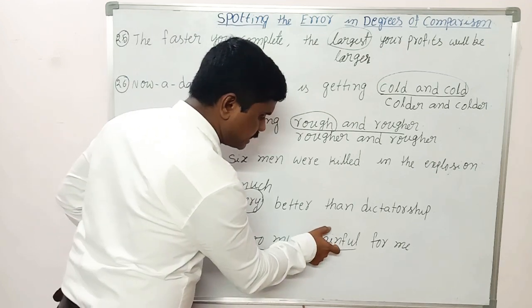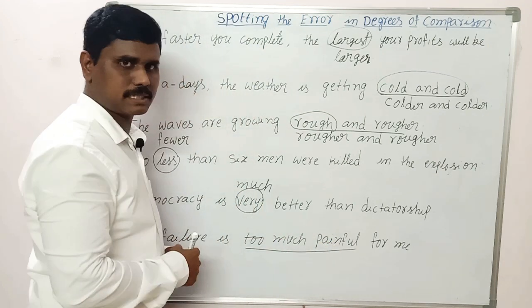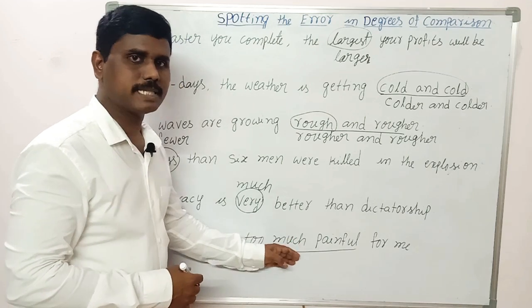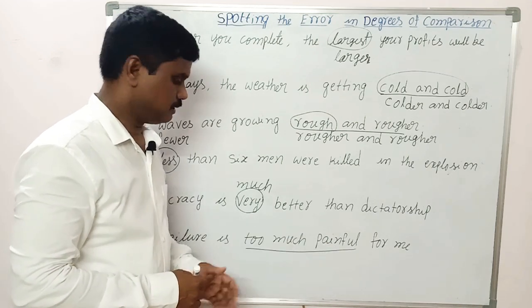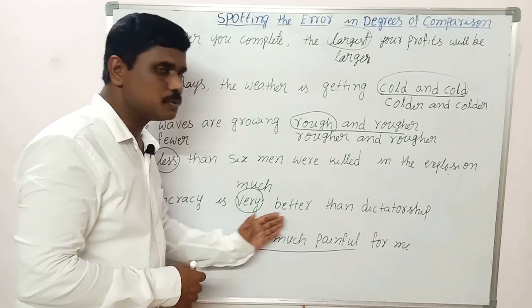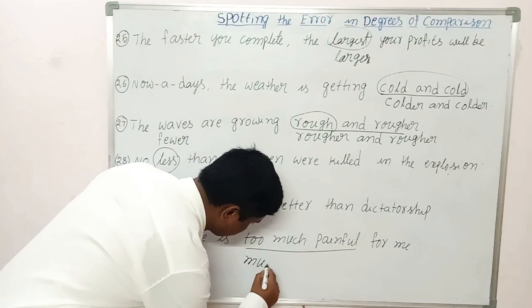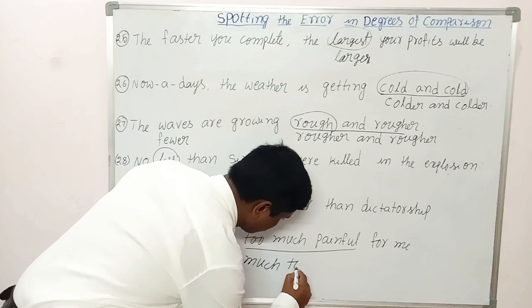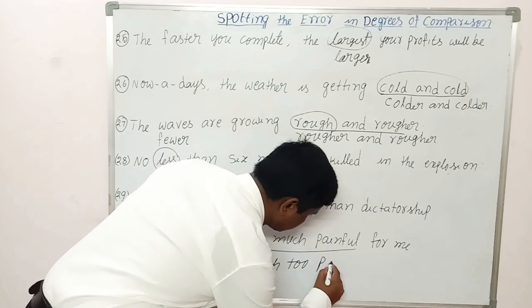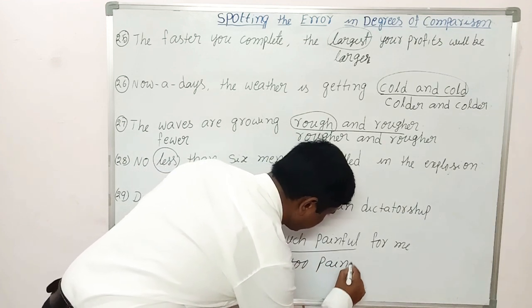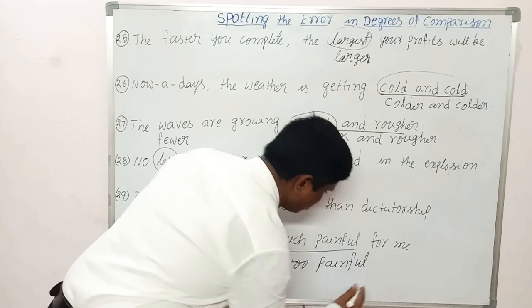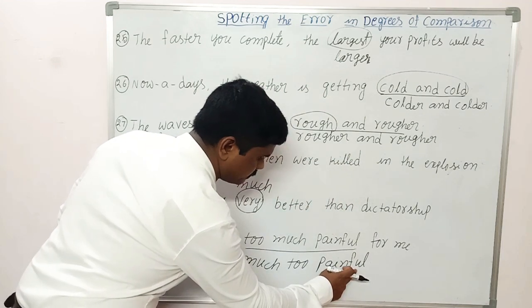So if it is a noun, too much is correct. Too much plus noun, correct. But much too adjective, that is the correct answer. The correct answer is much too adjective, that is painful. So here this is an adjective, be careful.